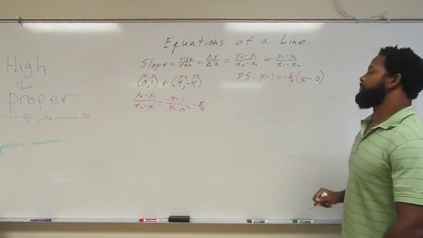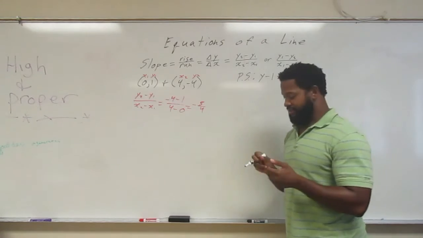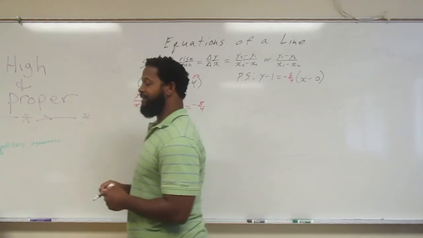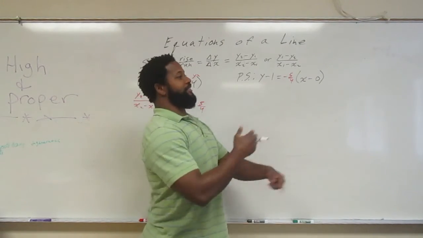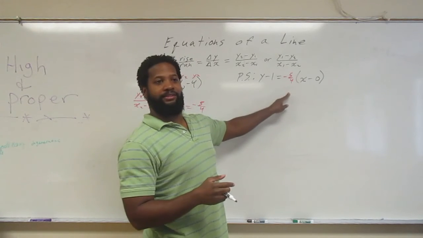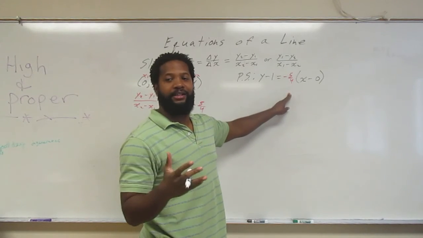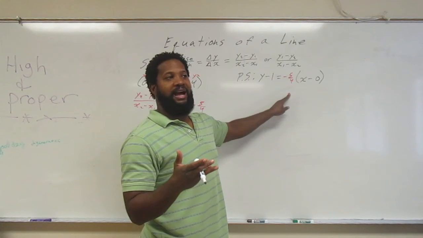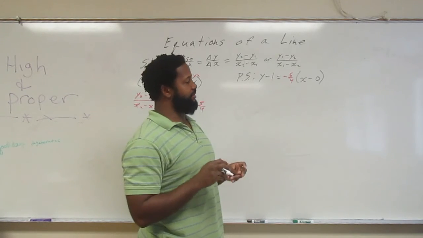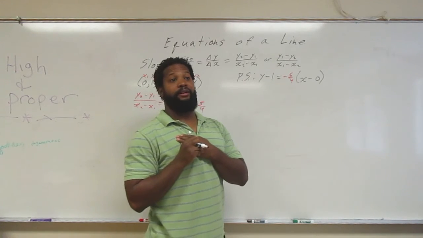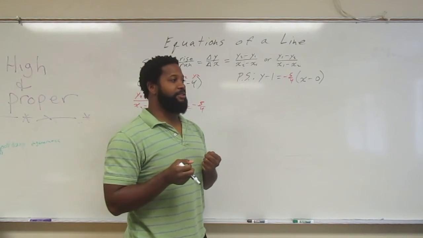Now, here is how you do this, okay? There are many renditions of how to work with a slope where you have a fraction. I just find this to be the easiest way, how I taught my 10-year-old daughter.